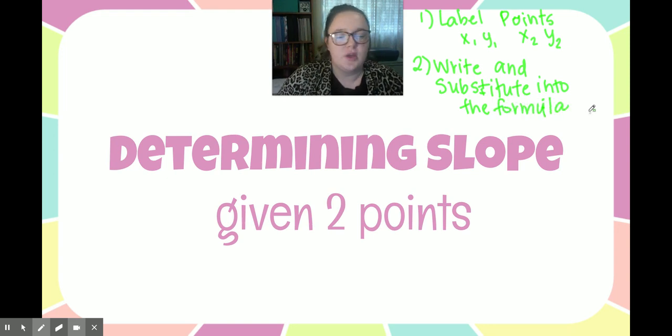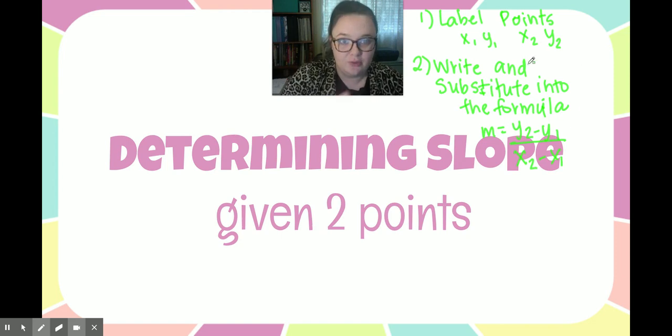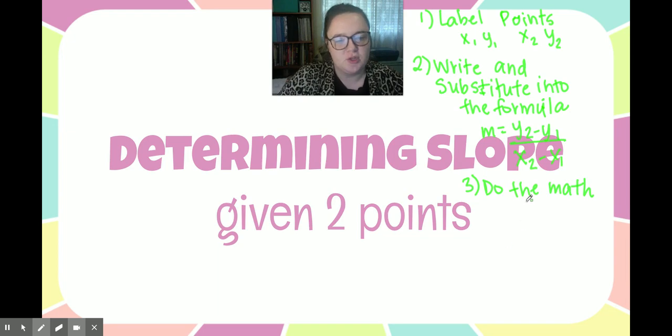That's where you are going to write out the formula. M equals y2 minus y1 over x2 minus x1. And you're going to fill in, you're going to substitute what you know into those pieces. Step 3, make it easy. You're going to do the math. Right? Straight across the top, straight across the bottom, you're going to do the math.